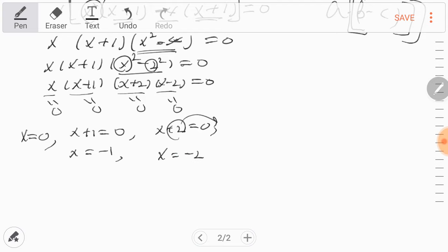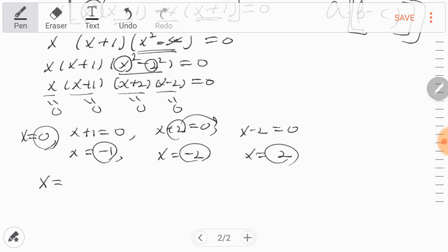Move this one to the other side, change the sign. And the last factor is equal to 0, then x equals 2. So there are 4 values of x. So there are 4 solutions. So 0, negative 1, negative 2, or 2. So these are the solutions.